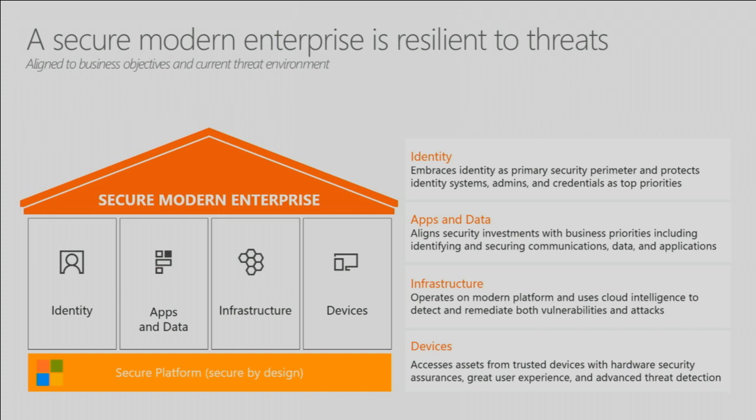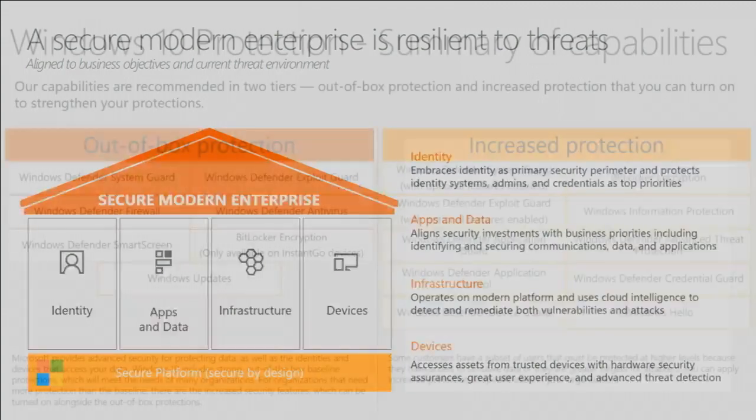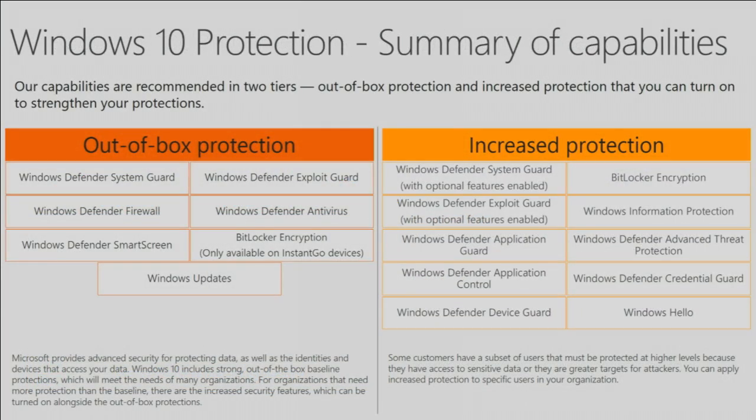You should think about one big picture that combines these 4 things. Typically, when implementing a product that is responsible for identity and then one for apps and data and so on, you have a disconnect, so there may be some gaps that attackers can exploit. So let's view real quick how Windows 10 is lit up in terms of security.